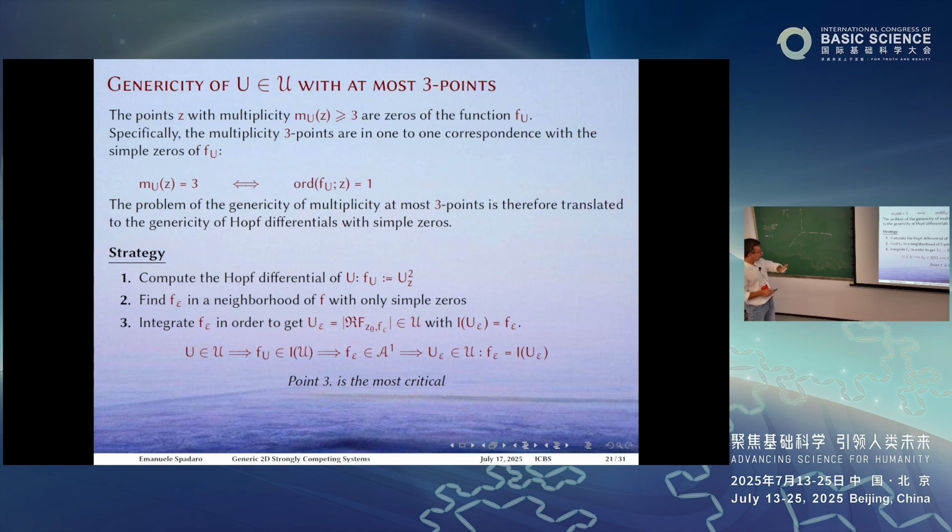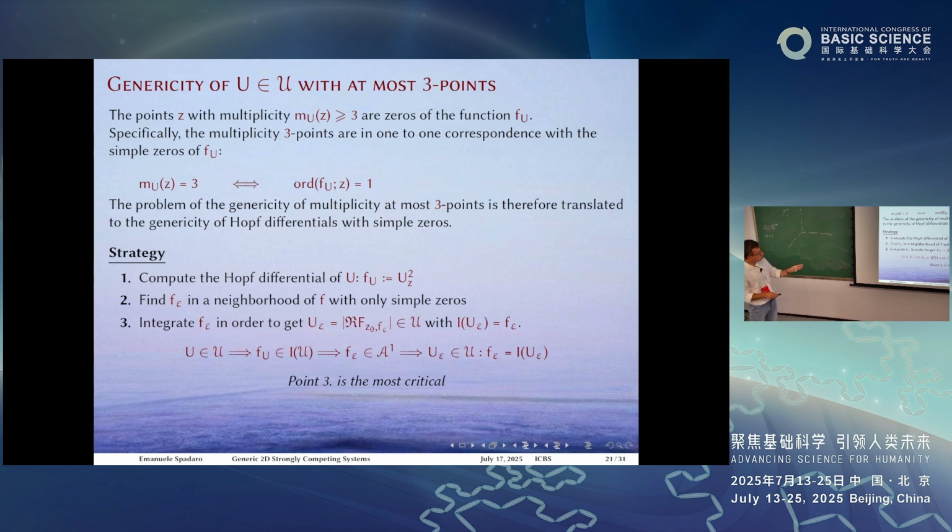We are now in the position to find solutions where the Hopf differential has only simple zeros, because we understood that simple zeros correspond to multiplicity 3 points. So we want to start from a general solution U and see that nearby this solution we find a non-degenerate solution with only 3 points.